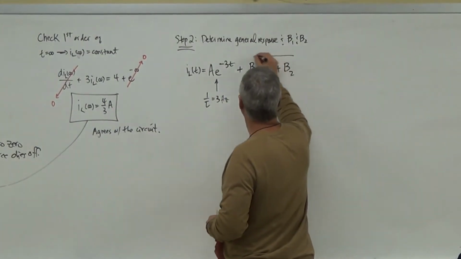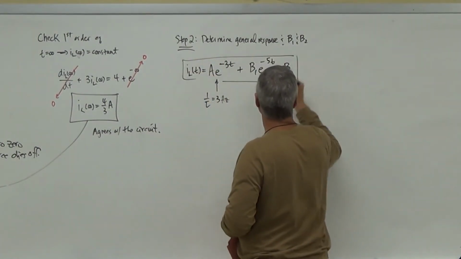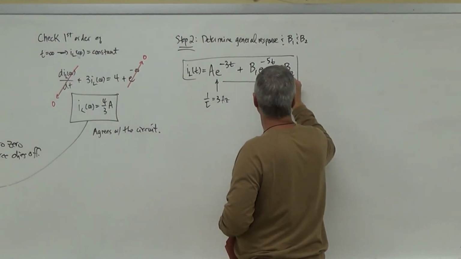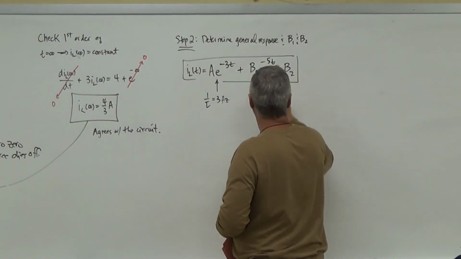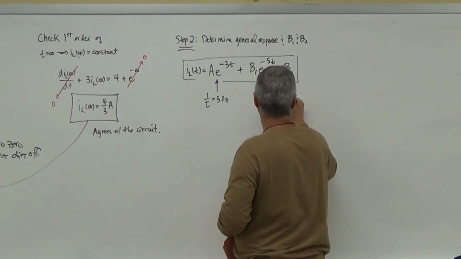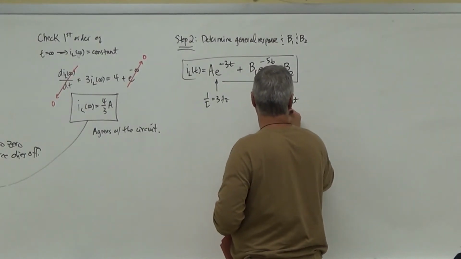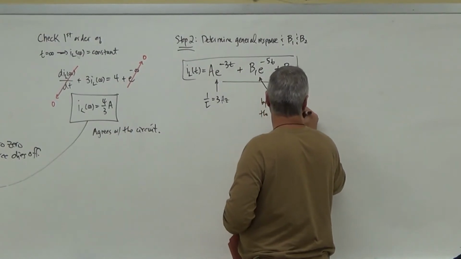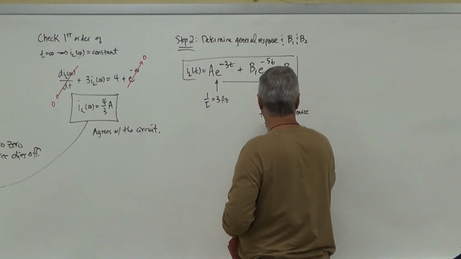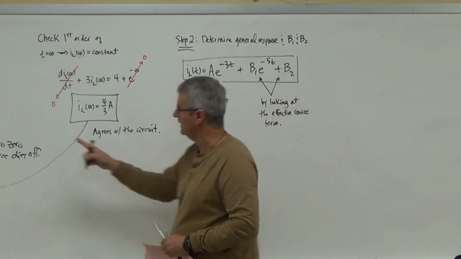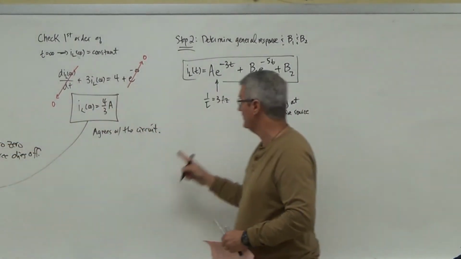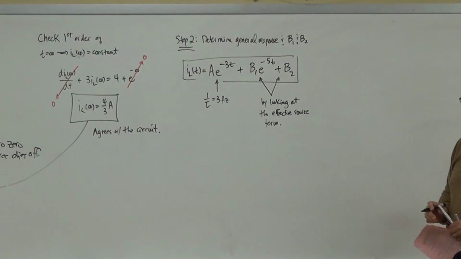So right now, I have my general response, and I got these two by looking at the effective source term. Right? I looked at that term, this side, and that told me the shape of these guys here.